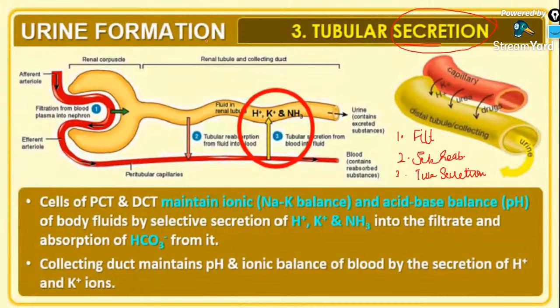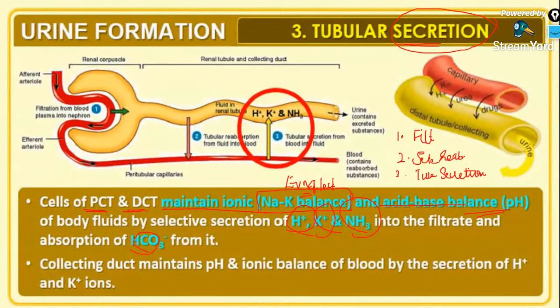So the cells of the proximal convoluted tubule and the distal convoluted tubule maintain an ionic balance, that is sodium potassium balance, which is very essential, which we will study in the evening lecture. In the counter current mechanism evening lecture, we will talk about the sodium potassium balance and the acid base balance, that is a pH balance of the body fluids, which is by selective secretion of H plus, K plus, NH3 plus into the filtrate of the body and absorption of the bicarbonate ions from it.